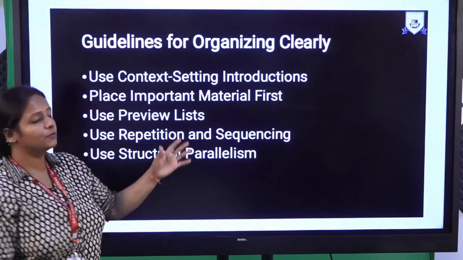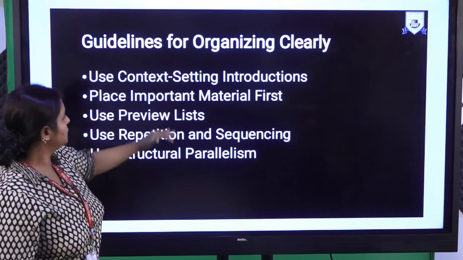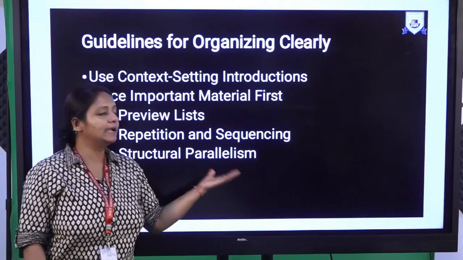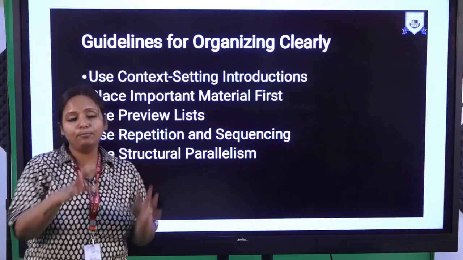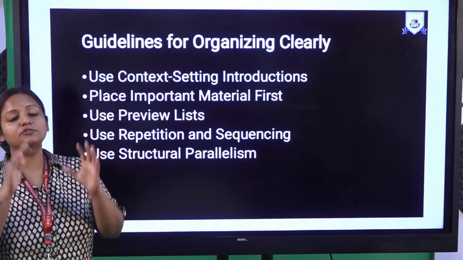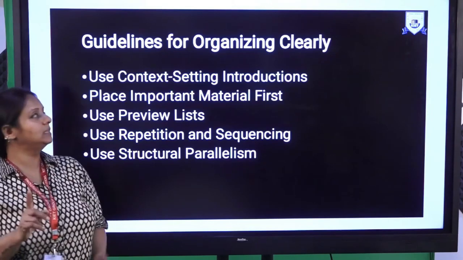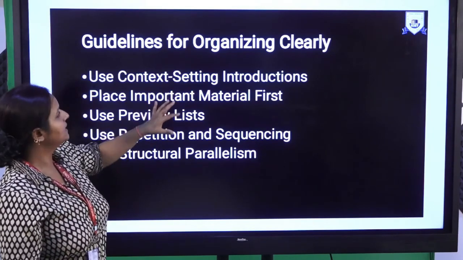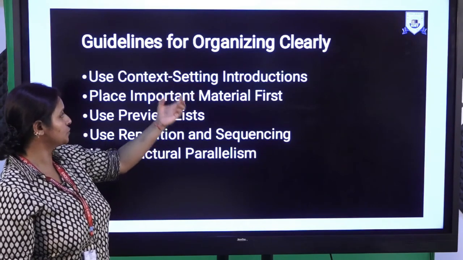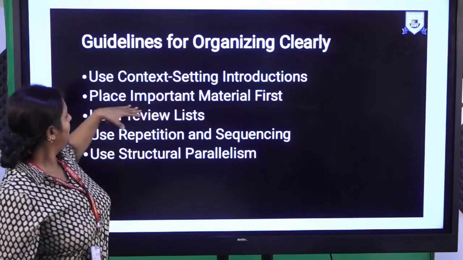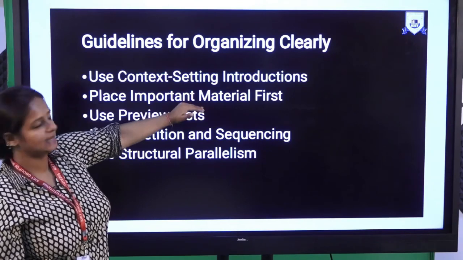Next is guidelines for organizing clearly, which we have already dealt with. As I said, identify the topic sentence of the paragraph, place it at the beginning and try to relate all the sentences to that topic sentence. That means context setting or introduction should come first. Place the important material first, as I said.